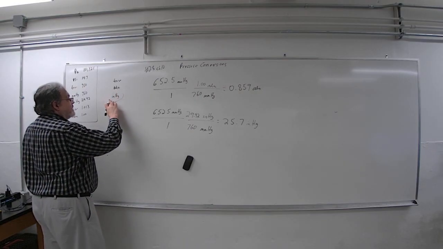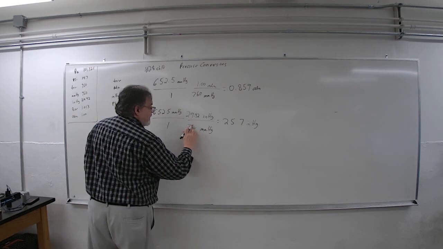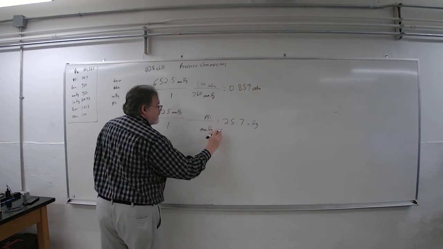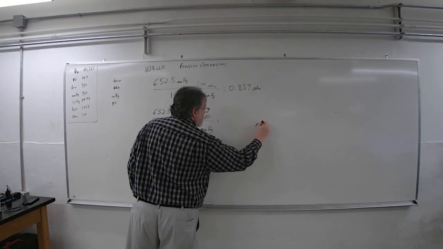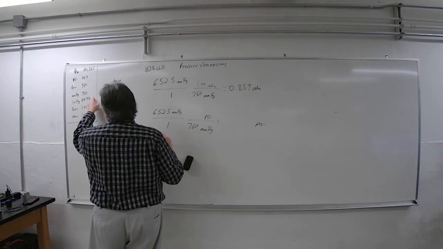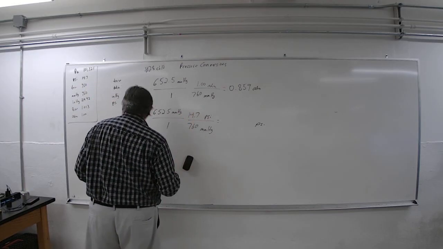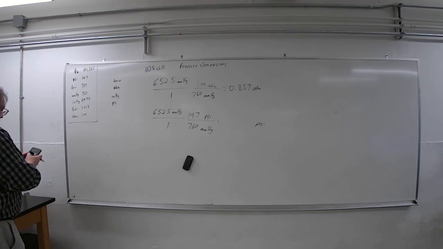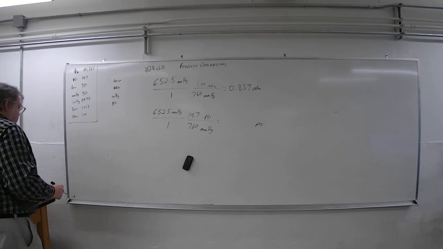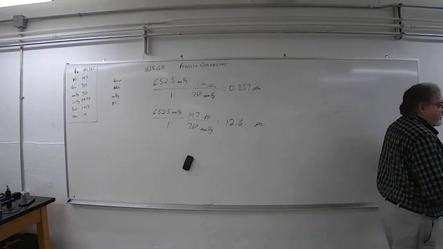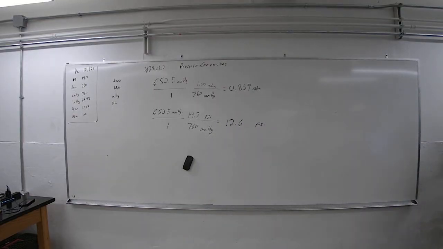And then for PSI, 760 millimeters of mercury, PSI is 14.7. Those are easy, right? Okay, kind of a quiz for that one.